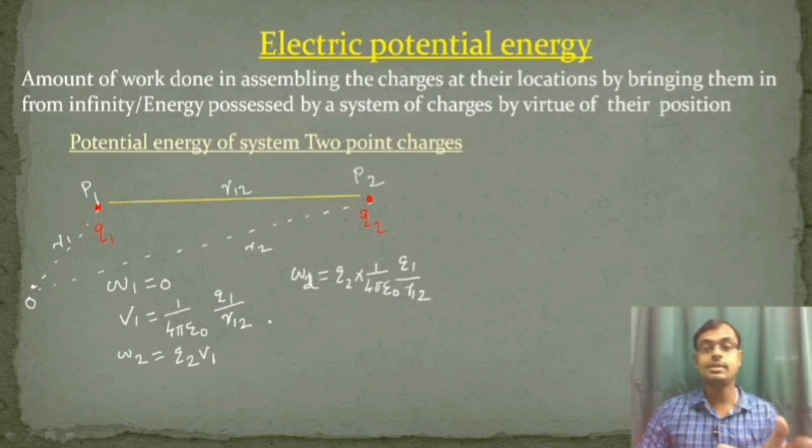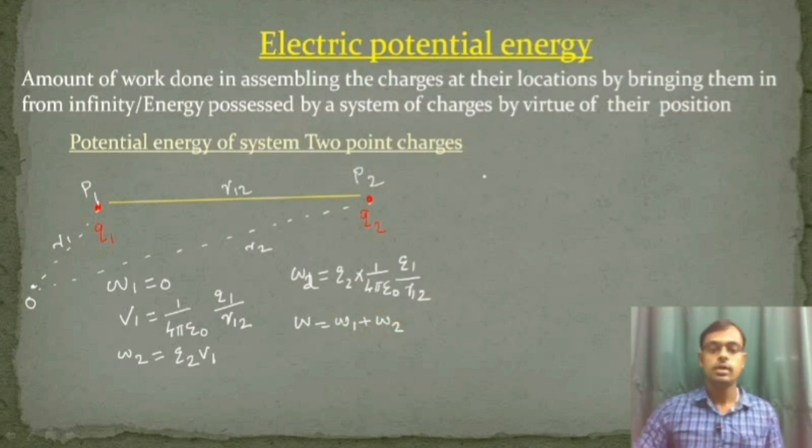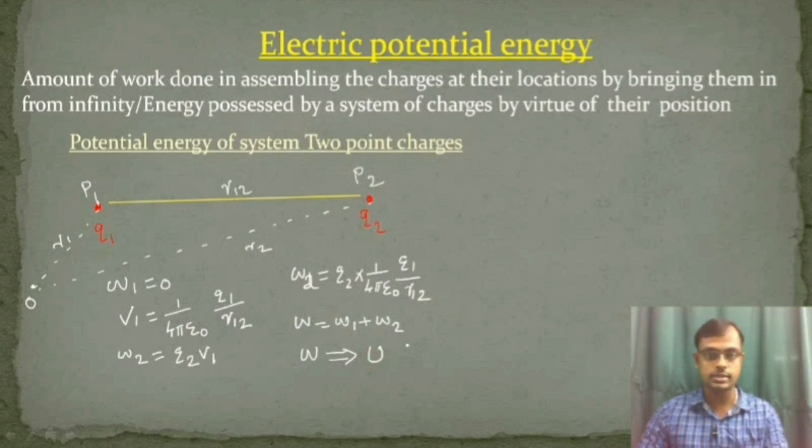If so, what is the net work done to keep this configuration like this? To keep these two charges with a distance R12, how much work has to be done? The total work done is equal to W1 plus W2. This total work is stored as potential energy, and that potential energy is called electric potential energy.